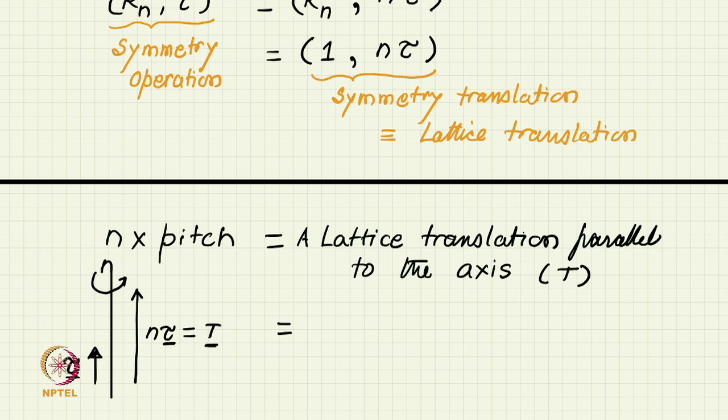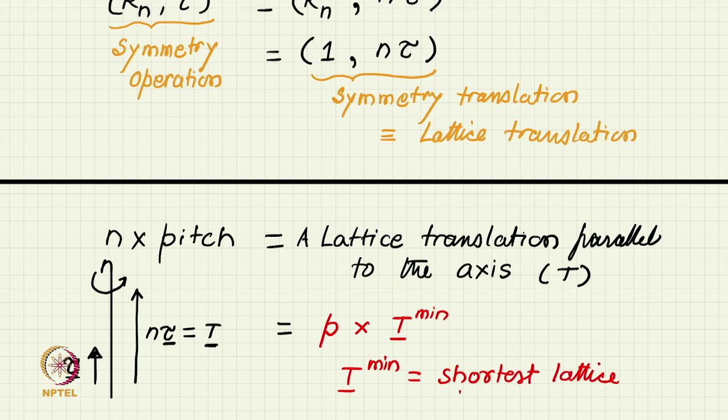So, I write this as p times t min, where t min is the shortest lattice translation parallel to the axis. So, p in that case will be another integer.